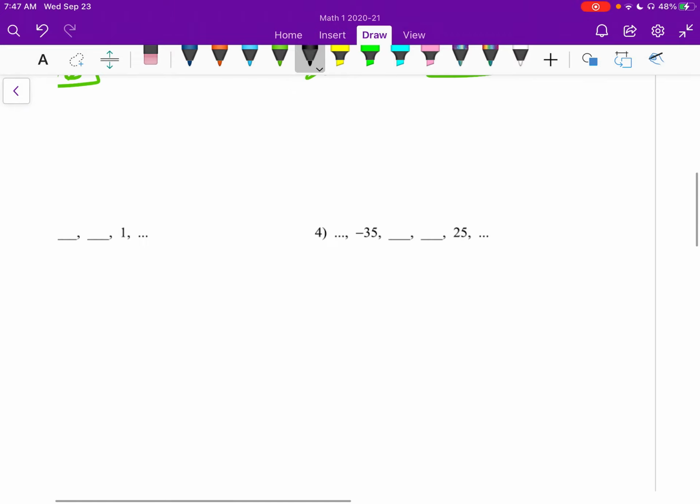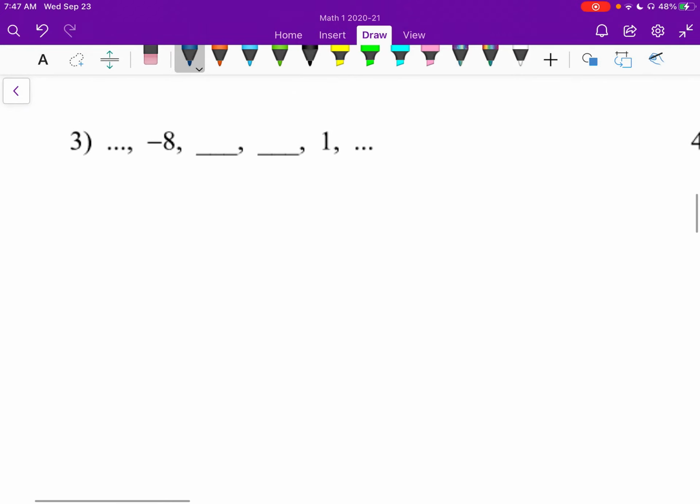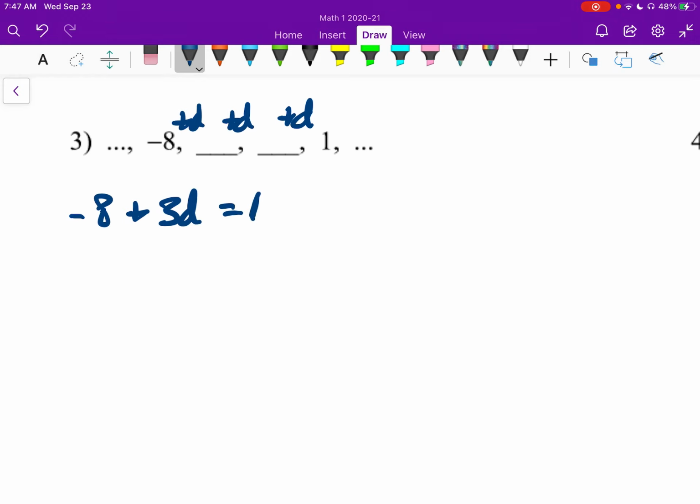All right, number 3. Again, we're going to have 3 differences here, or 3 D's. So you have negative 8 plus 3D is 1. I add 8 and I get 3D equals 9, and then D equals 3 whenever I divide.